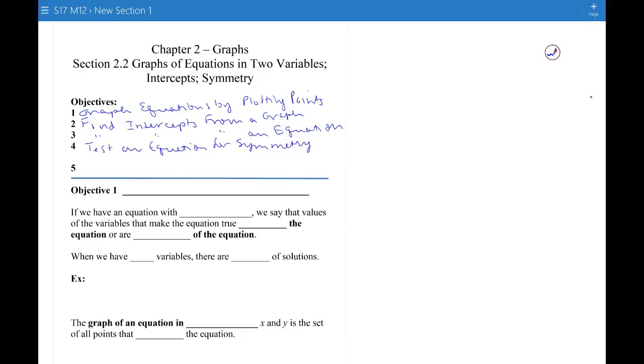And we have three different kinds of symmetry that we'll look for with respect to the x-axis, the y-axis, and the origin. And then we also need to know how to graph key equations that some people call a library of functions or parent functions, parent graphs.